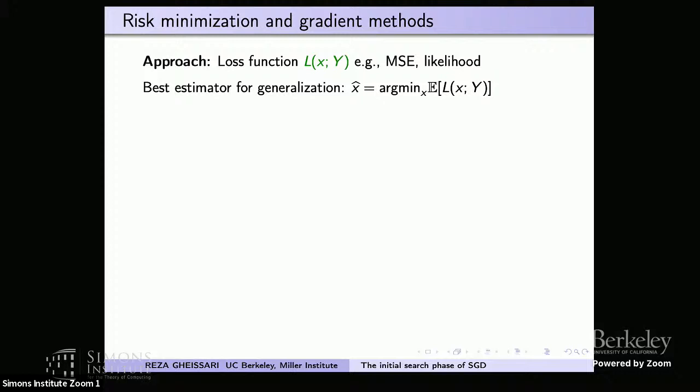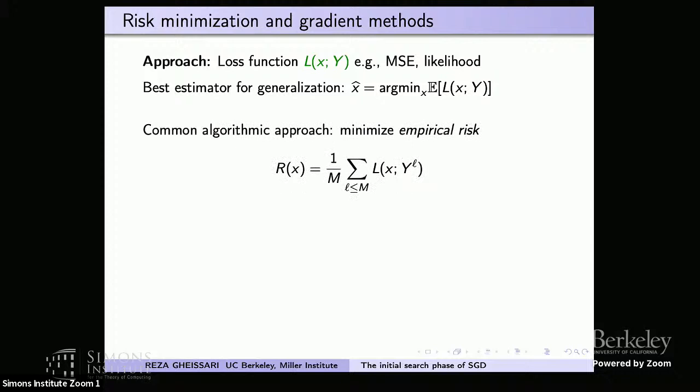So you want to have some algorithmic method for outputting this x. And a common algorithmic approach is to minimize the empirical risk. So you take this running average over your losses for the m IID data points that you got.